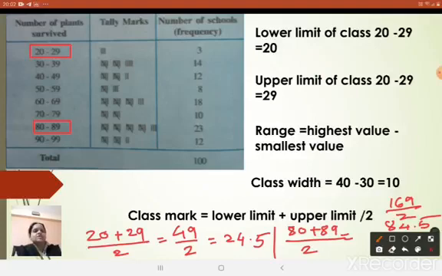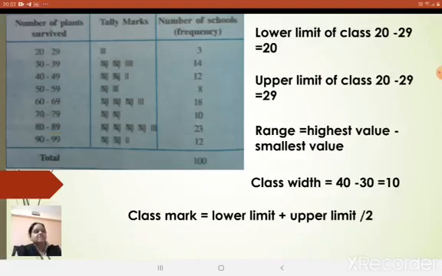Is it clear to all of you? This is nothing but what is called the class mark, and the class mark depends on each and every class. The class mark will be different for each and every class. It is not a common value. So these are the few important points you have to remember for the grouped frequency table.